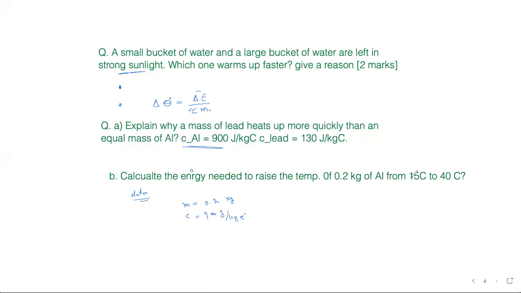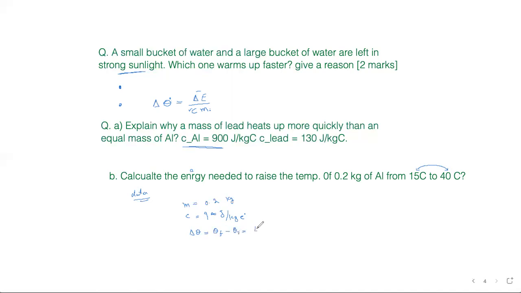And next, the temperature needs to increase from 15 to 40, isn't it? Yes, very good. So then we can calculate delta theta. This delta theta is theta final, meaning temperature final, minus theta initial.